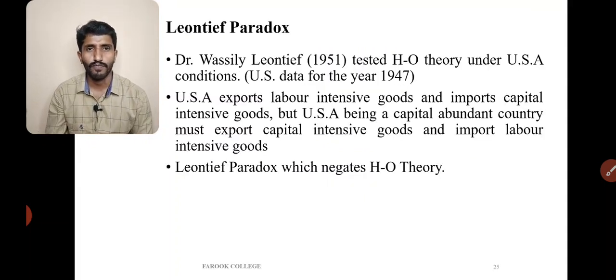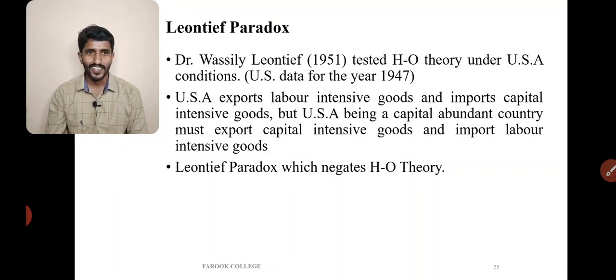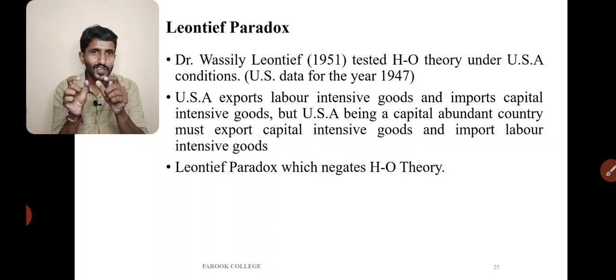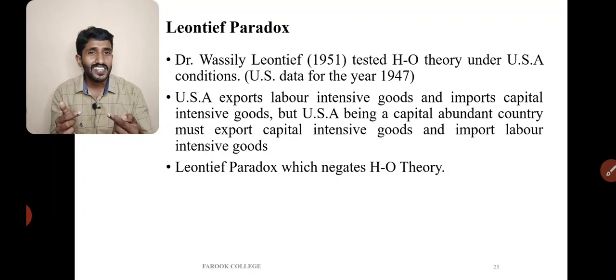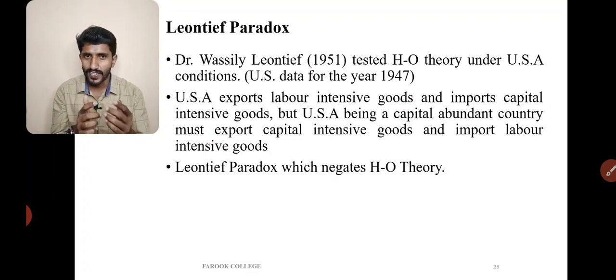What is Leontief Paradox? Leontief was a famous economist and he made an empirical test on HO theory, whether this Heckscher-Ohlin theory is valid or not. He made that empirical test in the USA, taking the data of 1947, and he made this analysis and empirical test in 1951.